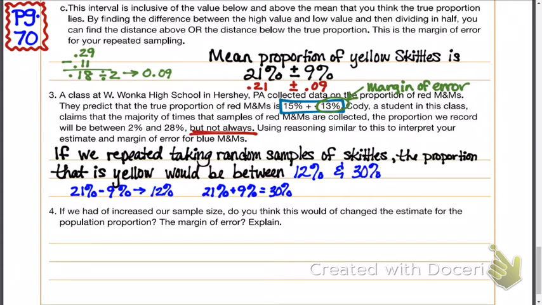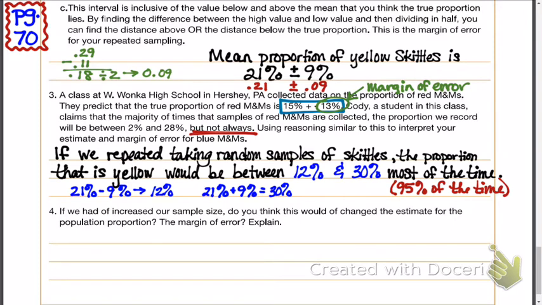Most of the time, but not always. So when we say most of the time, we mean 95% of the time. Does that seem reasonable with what we saw?